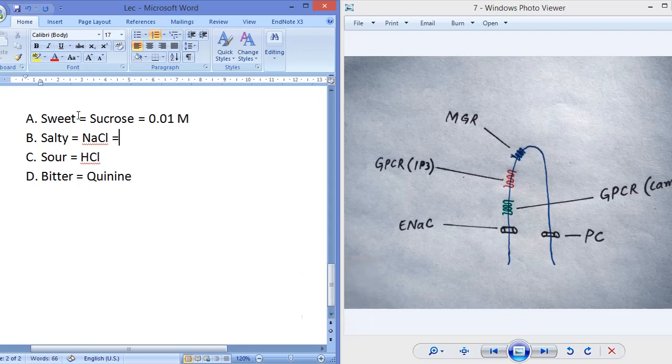The threshold for the salty taste is also considered as 0.01 molar. The threshold for the sensation of taste for the sour taste is considered as 0.0009 molar.